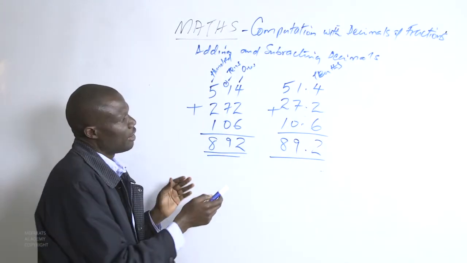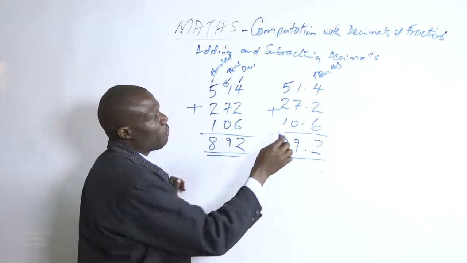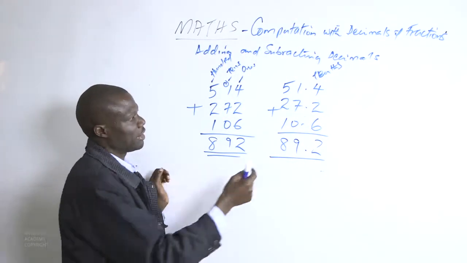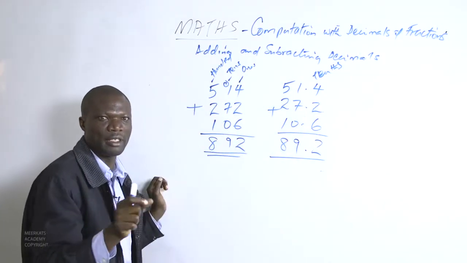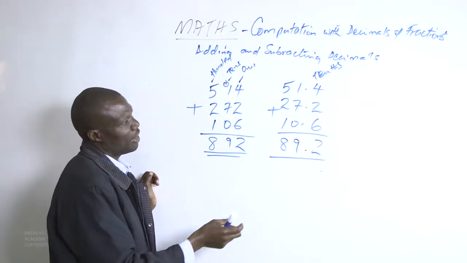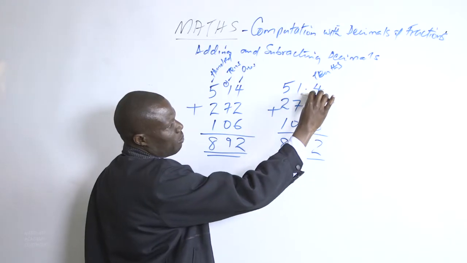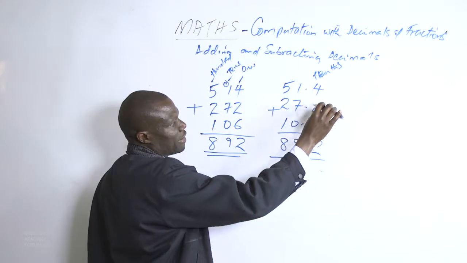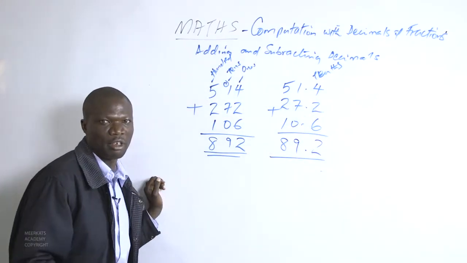When adding or subtracting, the decimal point and decimal places must be aligned under one another. You see they follow each other under one another.